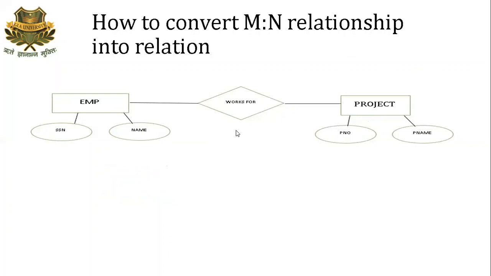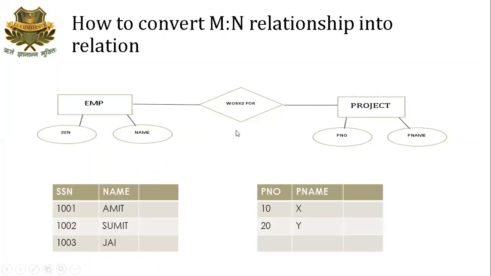See, we have two relations like this, and in this relation I've fed values, and this is the M:N cardinality ratio, where the social security number is the key attribute, and P number is there. Now see what happens if I add the social security number over here.